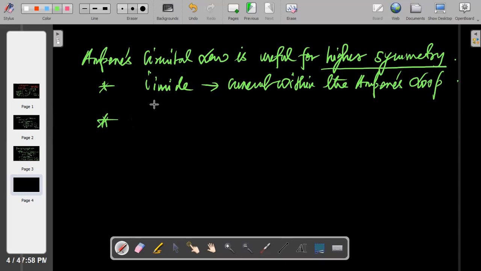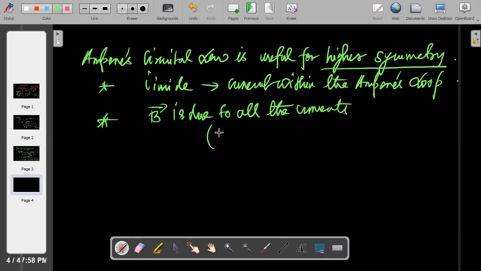While finding E dot dA, what I told, electric field will be for the charges which is inside and outside the Gaussian surface. So here also the magnetic field is due to all the currents inside or outside the Ampere's loop.